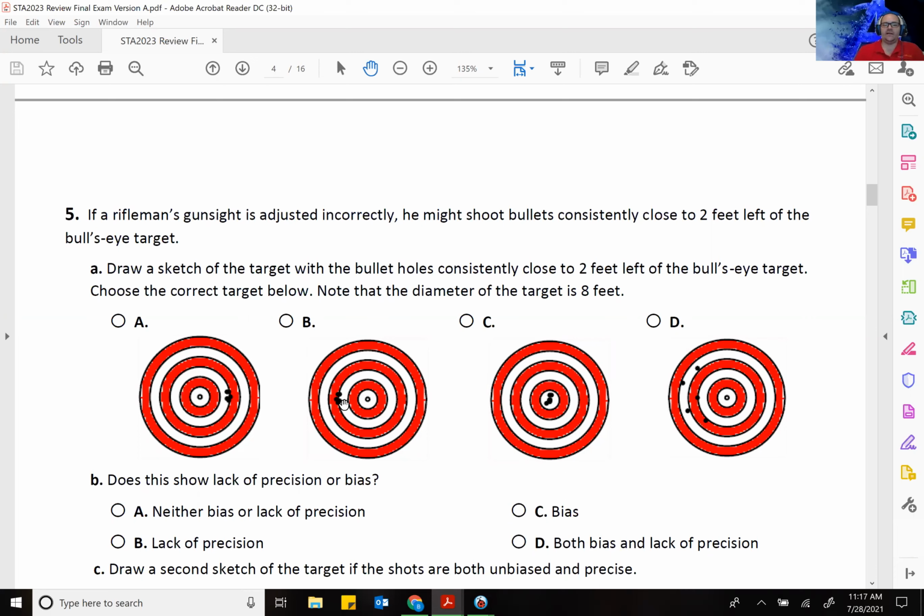Precision means that your bullet holes are close together. Hitting the bullseye means that there is less bias. It means you're doing things correctly. So because he is consistently 2 feet to the left and his bullets come together, that's good precision. He has a lack of bias.